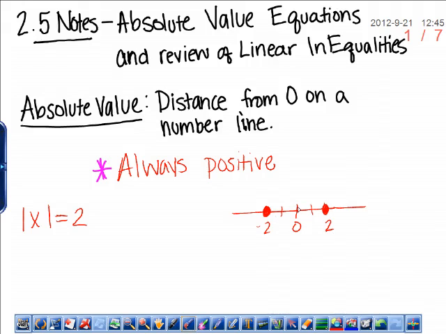So the way I would translate this into solving an equation is I would take this absolute value of x equals 2 and I would split it up into 2 pieces. I know then that the inside of my absolute value has to be equal to +2 or -2.